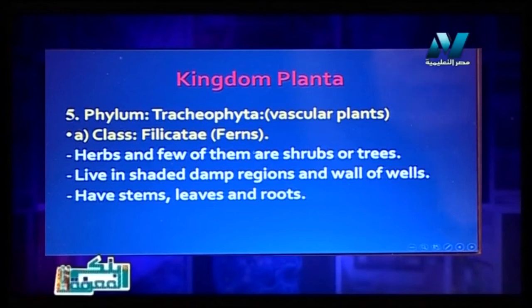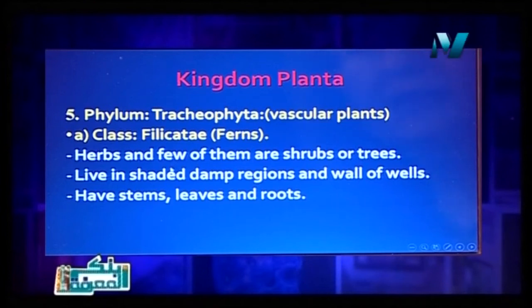These plants produce male gametes which swim in this water until they reach the part of the plant where the female gametes are present to carry out the reproduction process, and this is one part of its life cycle.